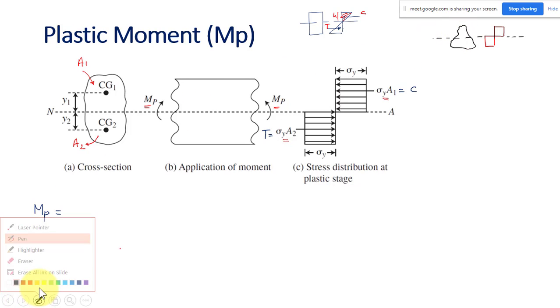We have already seen that if you multiply the yield stress into the area under compression, you will get the resultant compressive force. And if you multiply the yield stress into the area under tension, you will get the tensile force.